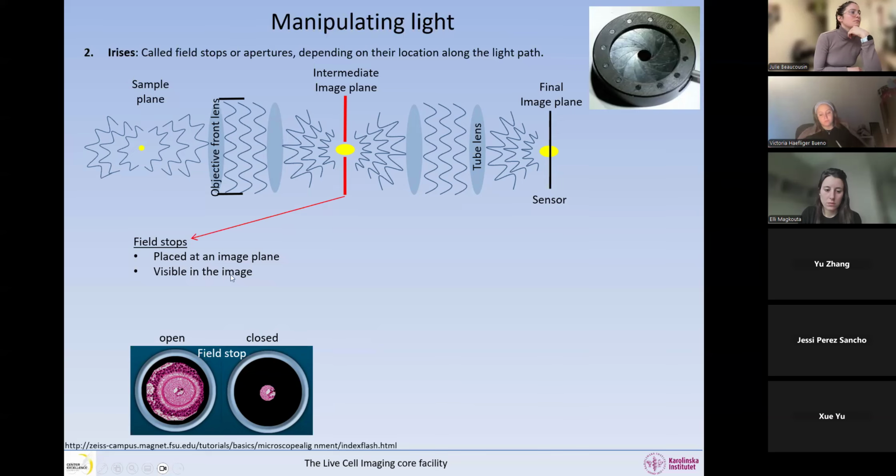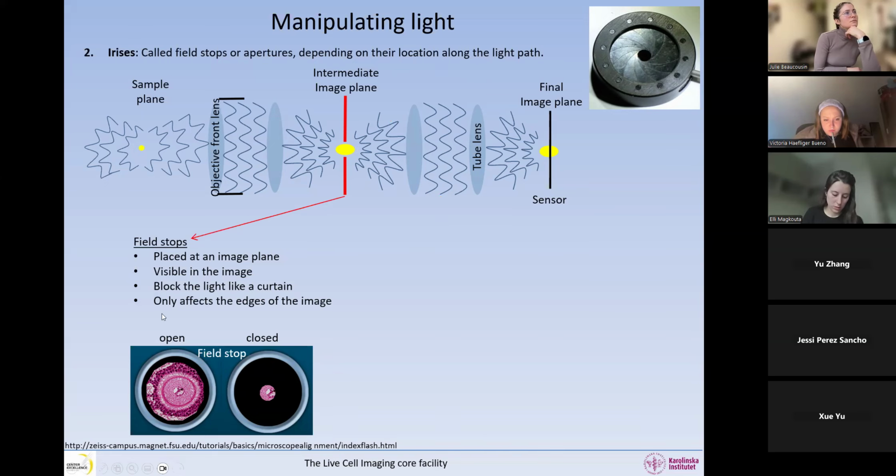You're going to have an assignment on the microscope where you close the field stop, and you will see that it closes down and the image on the outside becomes black. So it blocks the light like a curtain. This is what happens when we place it in an image plane.